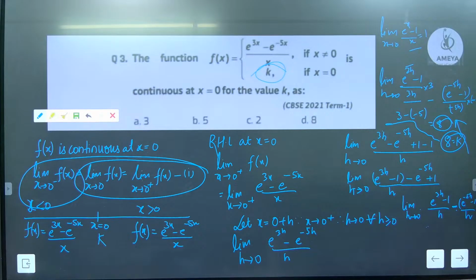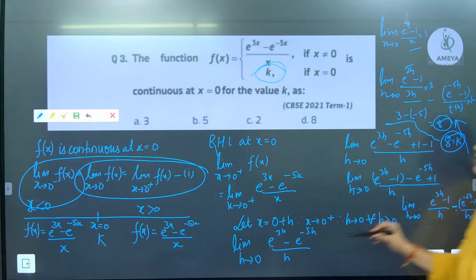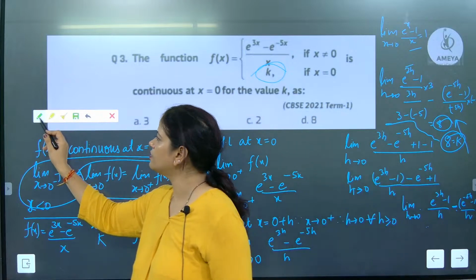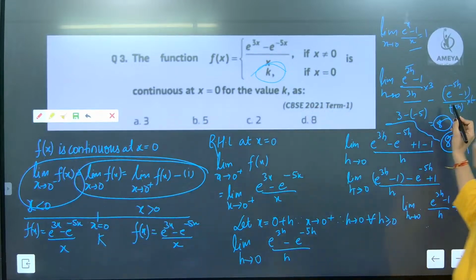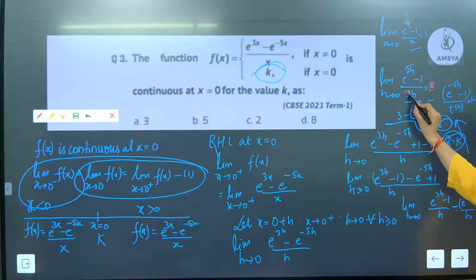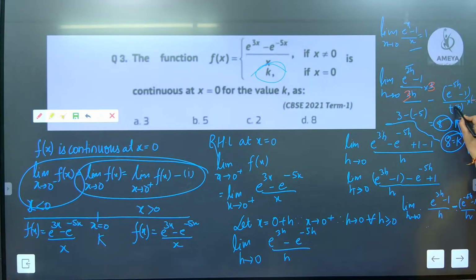So what we need here is 3 up and 3 down, minus 5 up and 5 down. So we multiplied 3 up and 3 down, and multiplied minus 5 up and minus 5 down. Now this total part became 1, and this total part became 1.